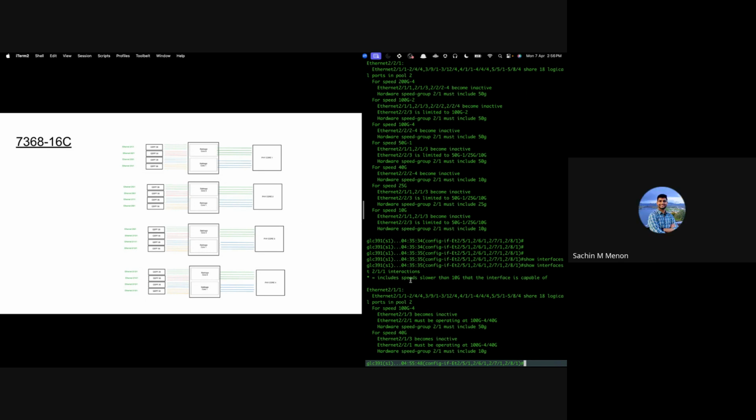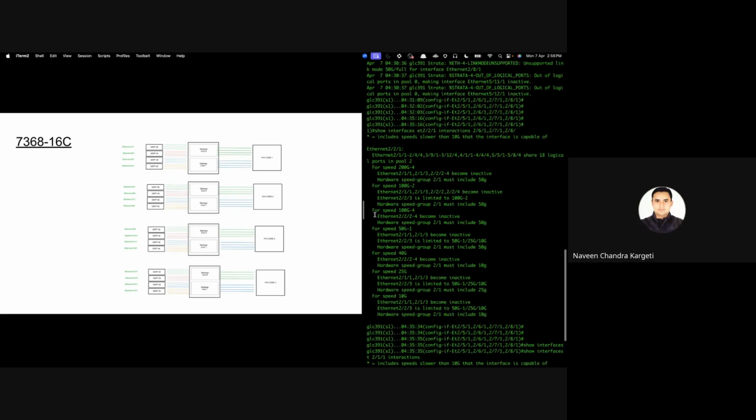I think not 25, 100 G4. No, 100 G4 is the one where you can use all the interfaces, and maybe 40G also, because every other one, 2/1/1, is going inactive.